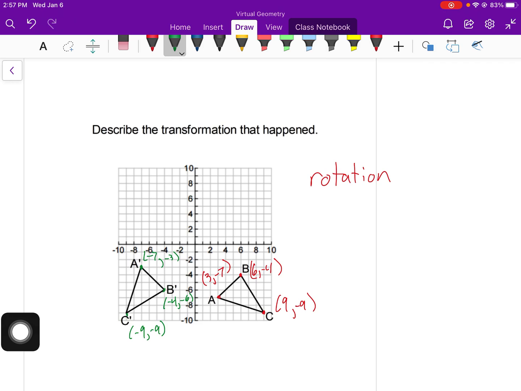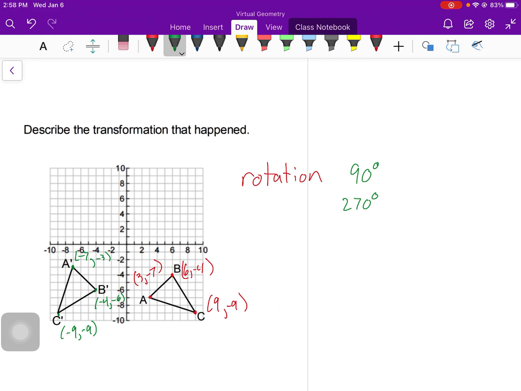We've got two options, right? We could say rotation either 90 degrees or 270 degrees, but it makes a difference which one you put with which thing. If I'm going left hand up, that's 90 degrees clockwise. Or we could say 270 degrees counterclockwise.